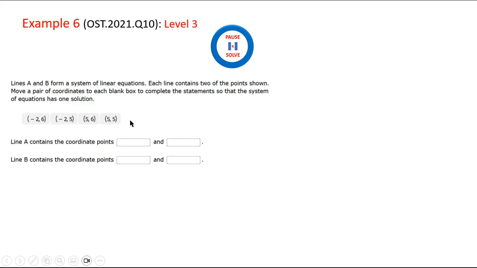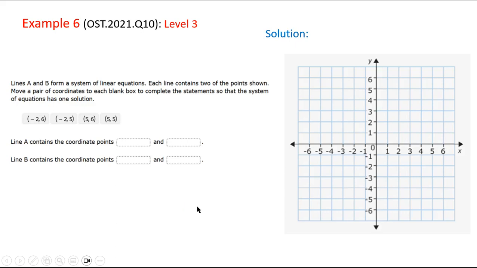Okay, so I need to put those pairs here so that A contains these coordinates and B contains these coordinates, so that A and B are intersecting. So the first thing to do, I would say, is to draw these points. This one, negative 2, 6, is right here. Negative 2, 5.